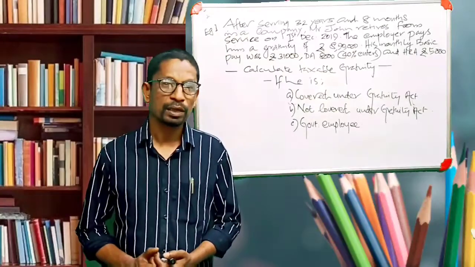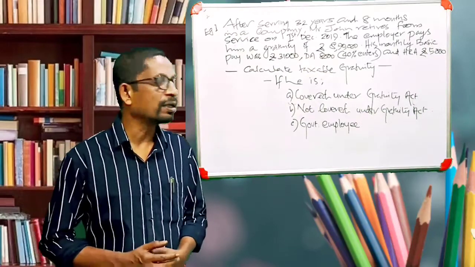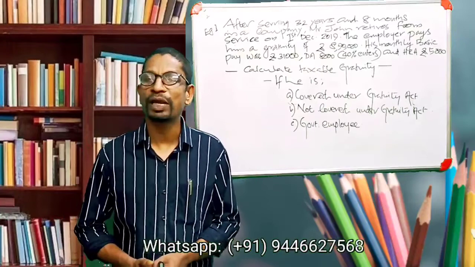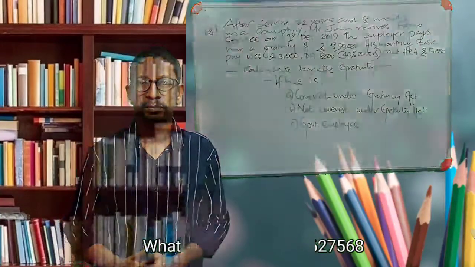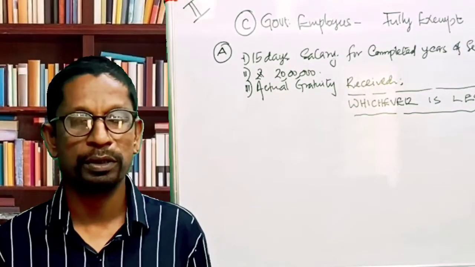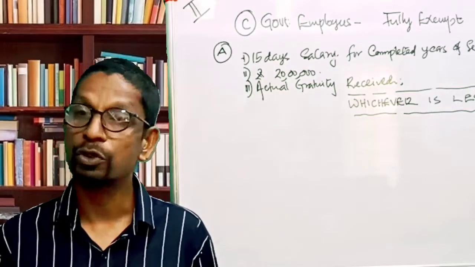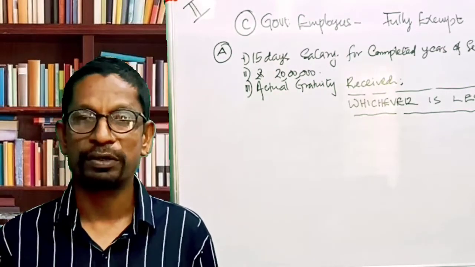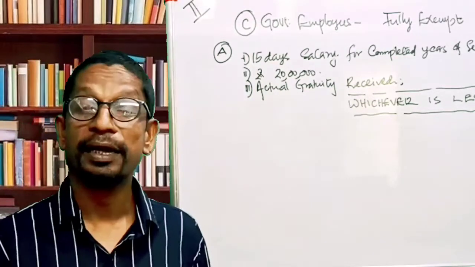Now listen, this is the question given here. So our duty is to compute the taxable amount of gratuity under these capacities. I think all of you should go through the question properly. The question mentions that Mr. John retired from the service after completing 32 years and 8 months.